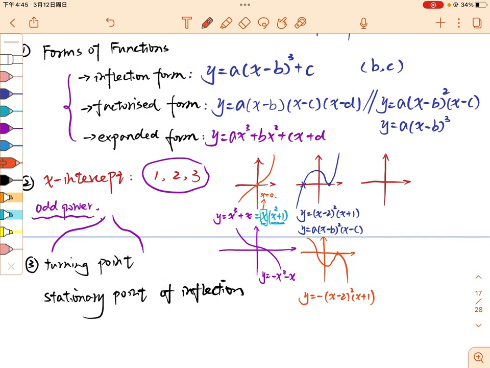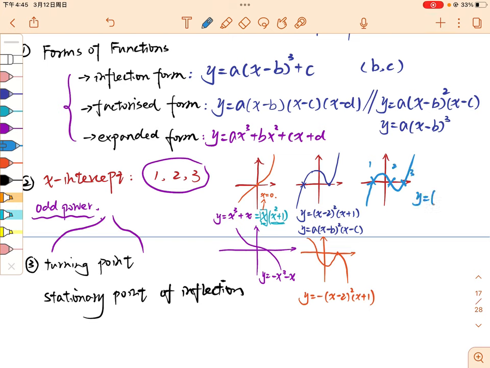And lastly, when you have three x-intercepts, you would have a function like this. But this is negative. If it's a positive one, it will look like this. So you have 1, 2, 3 x-intercepts.